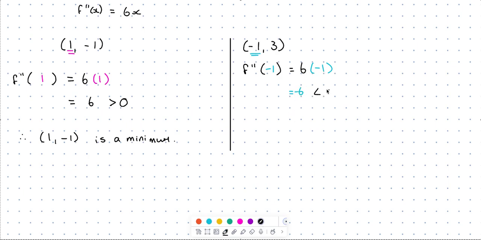Negative 6 is less than 0, and if it's less than 0, that means you were at the top and you're starting to come back down. So that means you were at the maximum. So then we can say, therefore, that little triangle symbol means therefore, minus 1, 3 is a maximum.